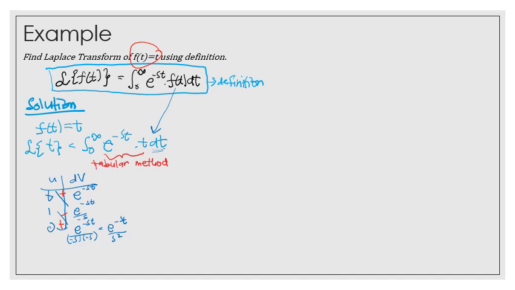So when we integrate, the answer will be t multiplied by exponent over negative s, we will get negative t e to the minus st over s. Then with minus, we get minus exponent minus st over s squared. And the last level is always plus integrate 0.